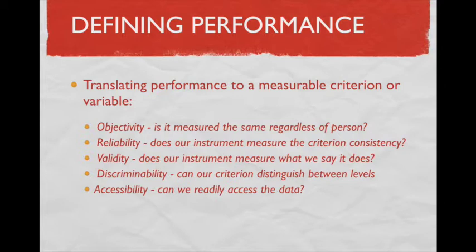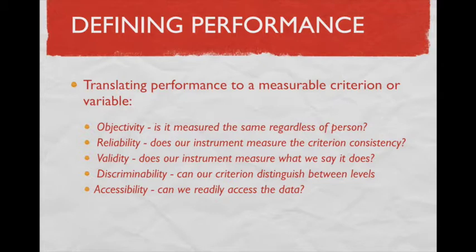It's probably not a valid measure of color. It's probably not a valid measure of a lot of things. We have to make sure that our instrumentation is not only reliable and objective, but also valid, that it actually measures what we say it does. This is a problem in organizational research. There's this fourth idea of discriminability here. Can our criterion distinguish between levels?